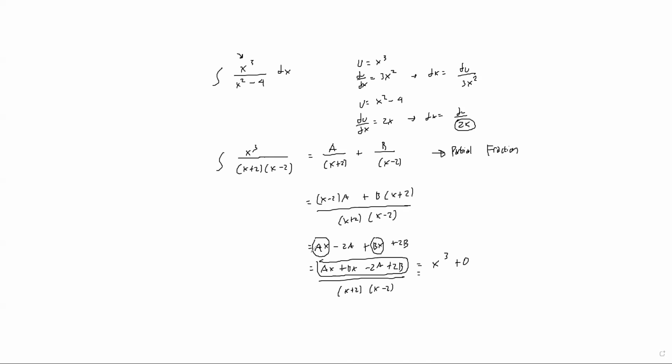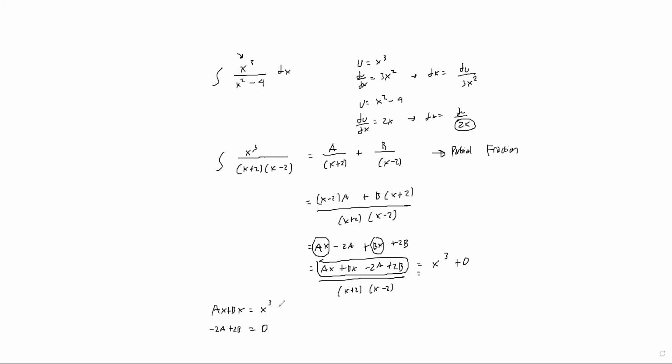Now we just need to group the x terms together and the constants together. So ax plus bx equals the x cubed here, and we also have minus 2a plus 2b equals 0.